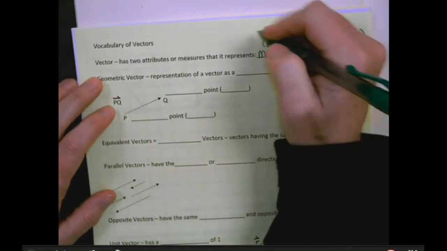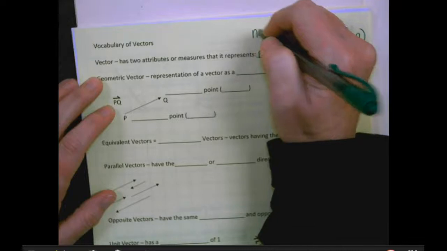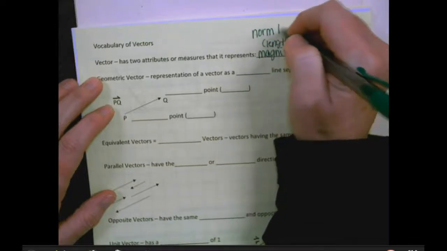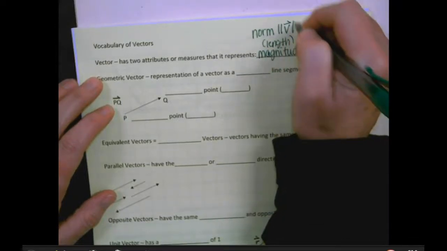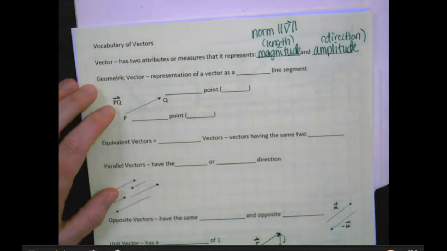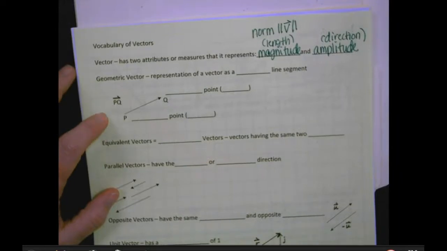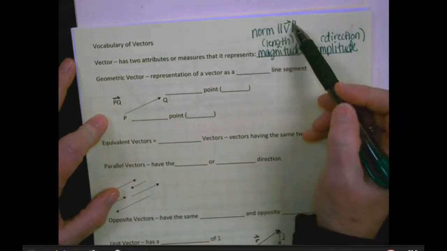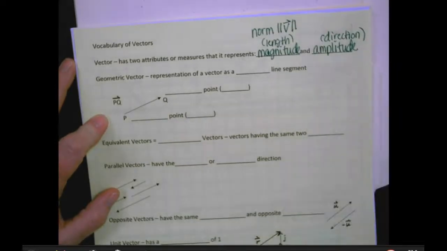And the magnitude is sometimes called the norm. And we use this symbol for it. It's the norm. I just told you. So it's like two little lines, the V with the vector symbol, and two more lines.